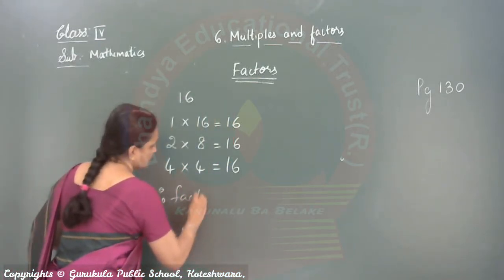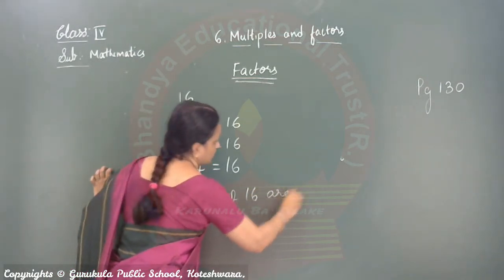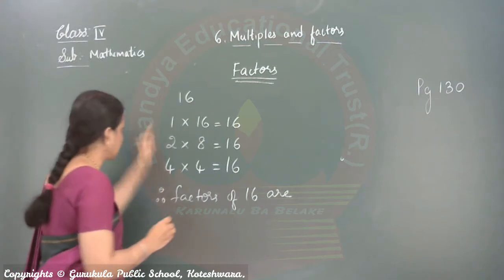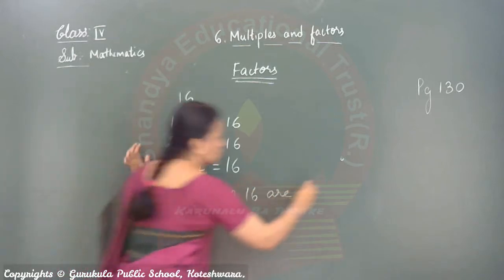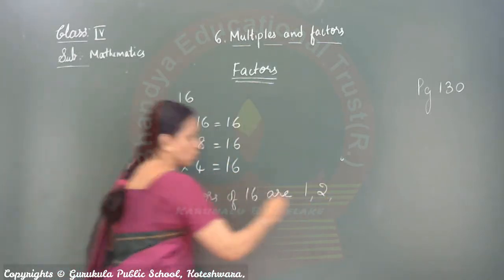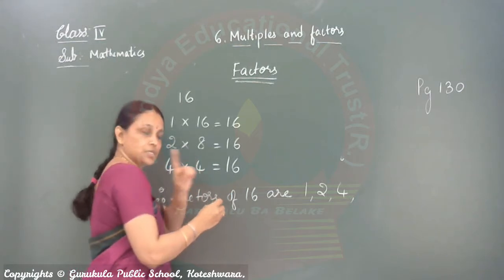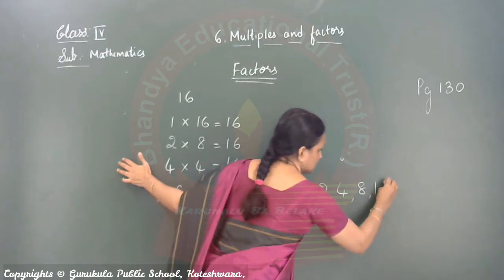Now, therefore, the factors of 16 are: what are the factors of 16? As I told you, start from this side, left side. 1, 2, 4. Again 4, no need. Once is enough. 8, 16.